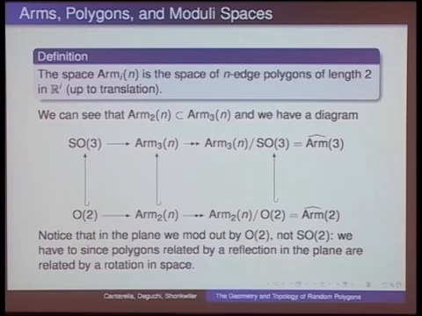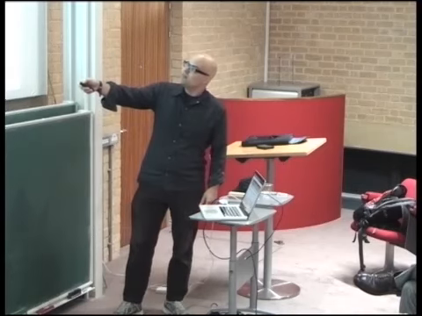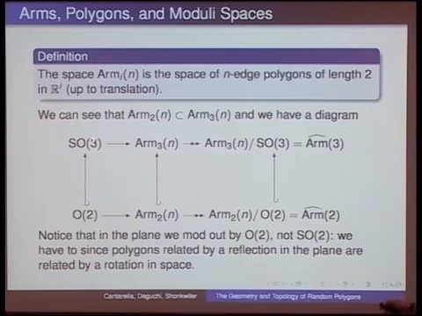One thing that's worth saying is that if I want to think about the moduli spaces, if you mod out by rotation, they look like the following. There's an SO3 action on arms in space, and there's a moduli space under that, which we'll call arm hat. So that's arms up to rotation and translation. And then downstairs in the plane, there's an O2 action on arms and a corresponding moduli space. And it'll be important that it's O2 rather than SO2.